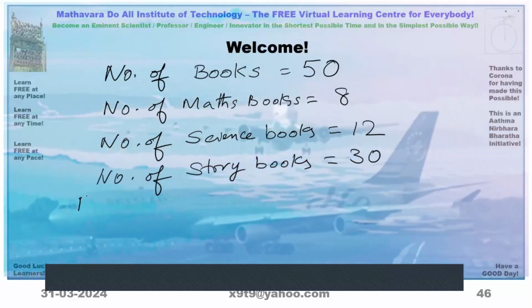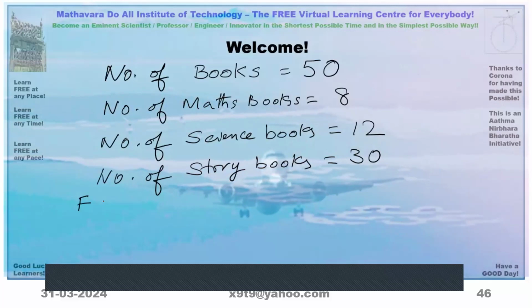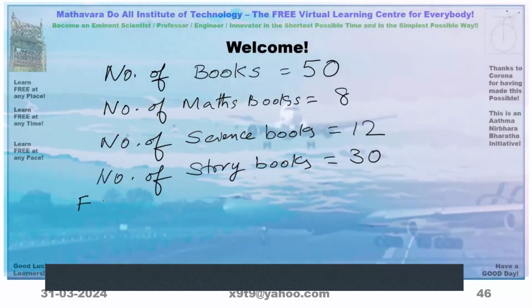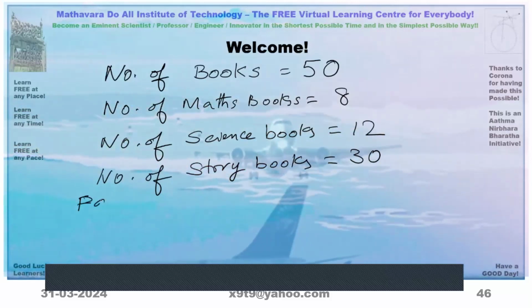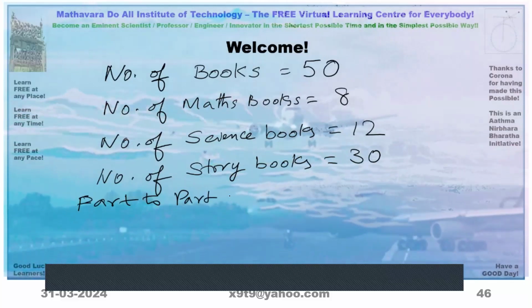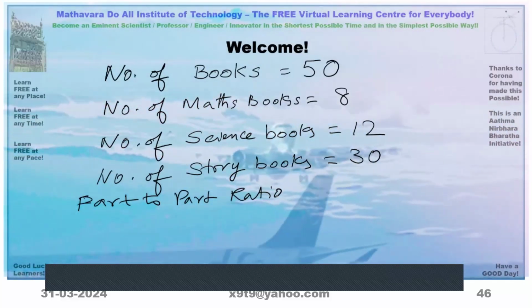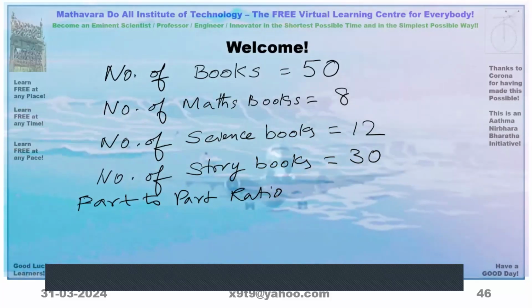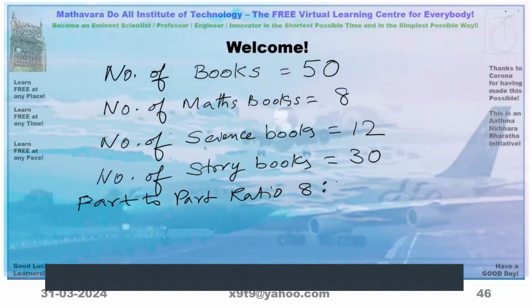8 to 12. Yeah. So that is called part to part ratio. See, part to part ratio. So number of maths books to number of science books, it will be 8 to 12.